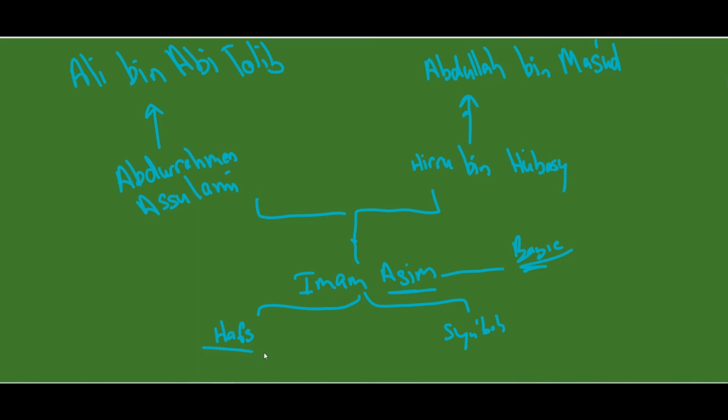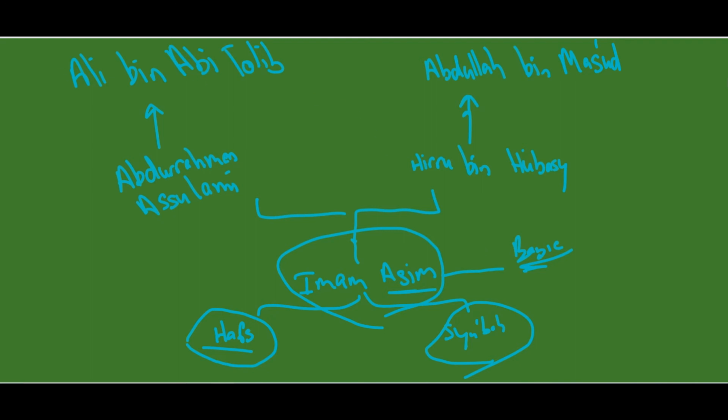Once you master Imam Hafs, in order for you to acquire the qiraat of Imam Asim, you have to learn the path of Syu'bah. Then you can be called, I possess the qiraat of Imam Asim. Okay? Understand?